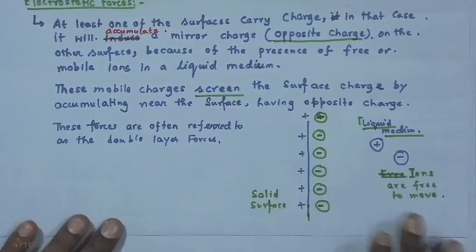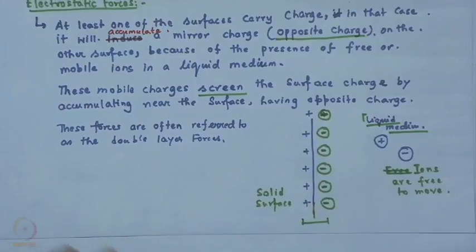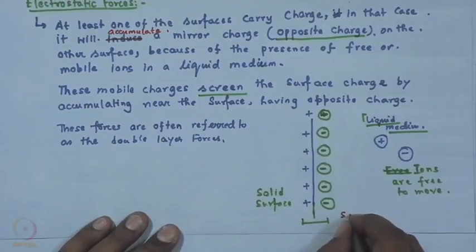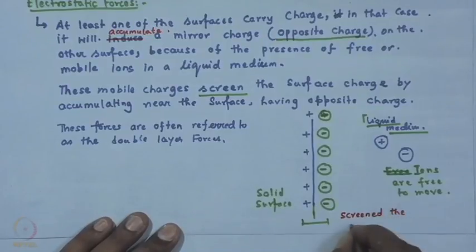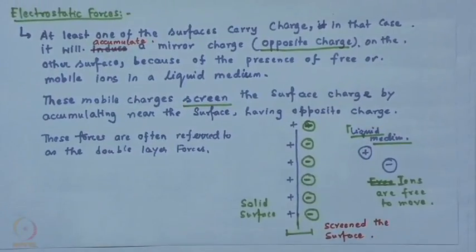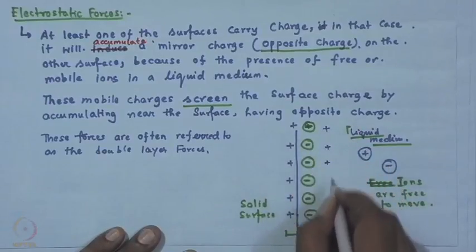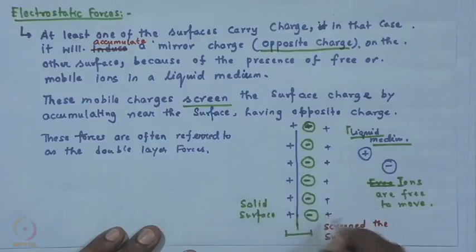This layer of accumulated ions has screened the actual surface charge. What will further happen is there will be a localized accumulation of positively charged ions close to this.